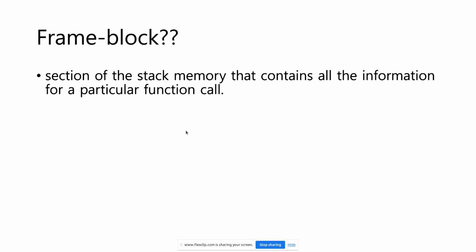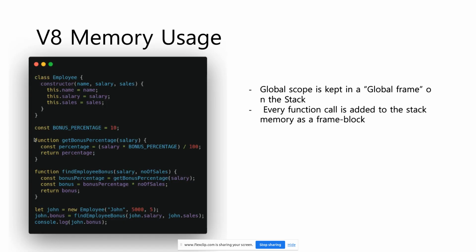A frame block is a section of stack memory that contains all the information for a particular function call. For example, if I call the function getBonusPercentage, the frame is stored in the stack the first time we call it, and after it returns we pop it, so there's no more getBonusPercentage frame once it returns.